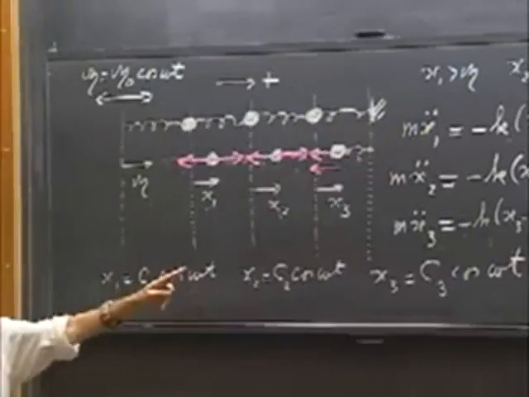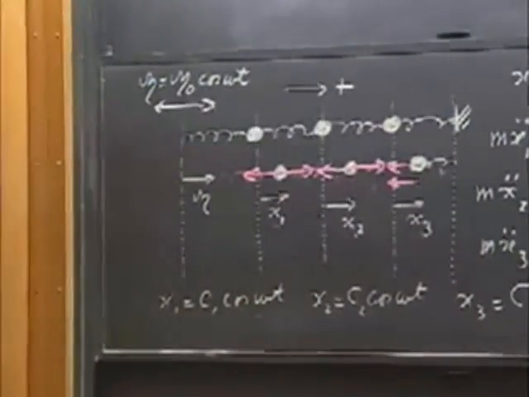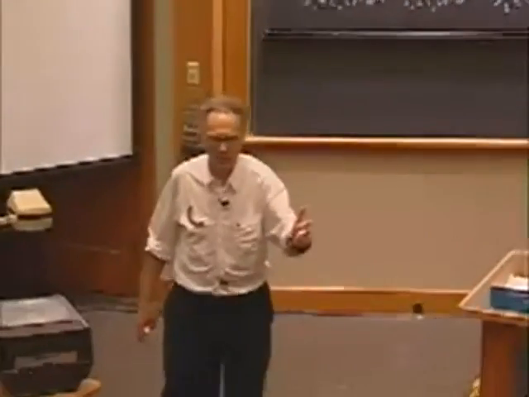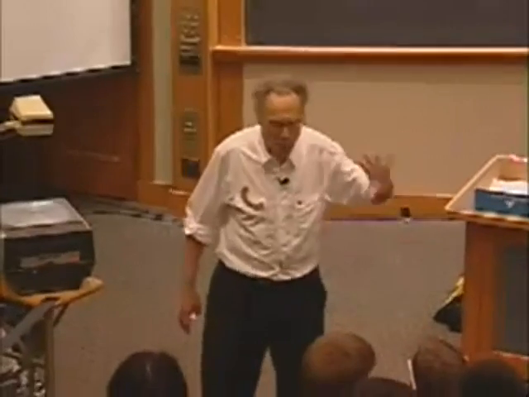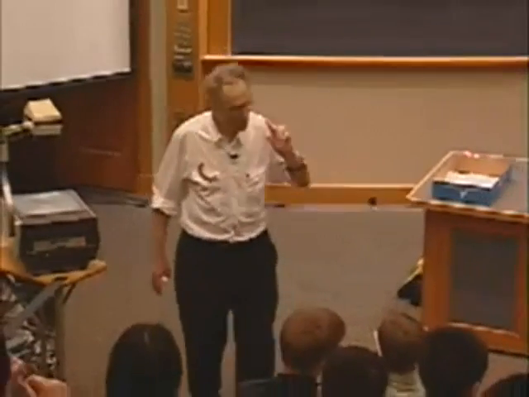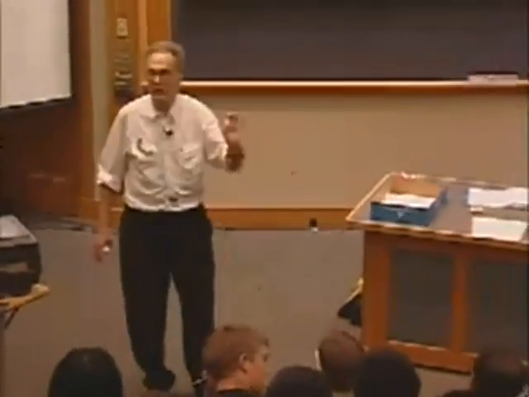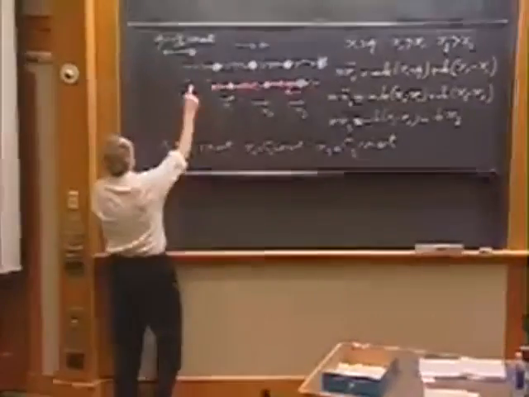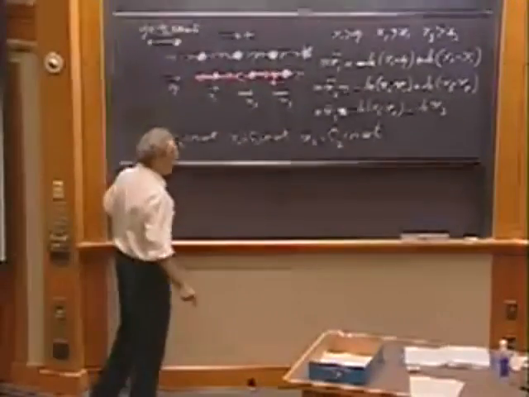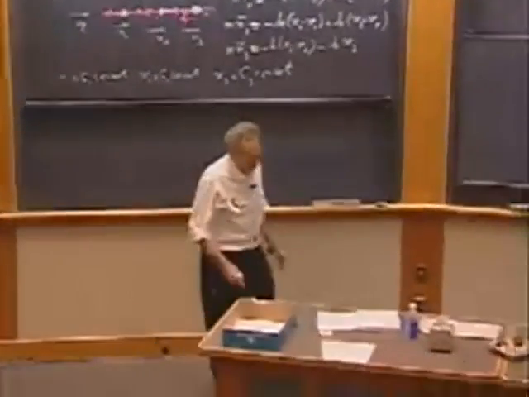You're going to get 3 equations with 3 unknowns, C1, C2, C3. You don't have to settle to only calculate the ratios of the amplitude. No, you're going to get a real answer for C1, for C2, and for C3, which of course will depend on eta 0. Sure, but you know eta 0.